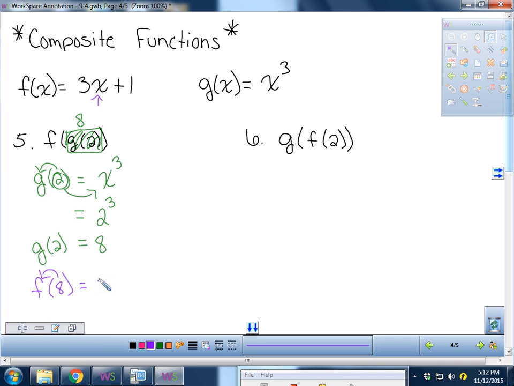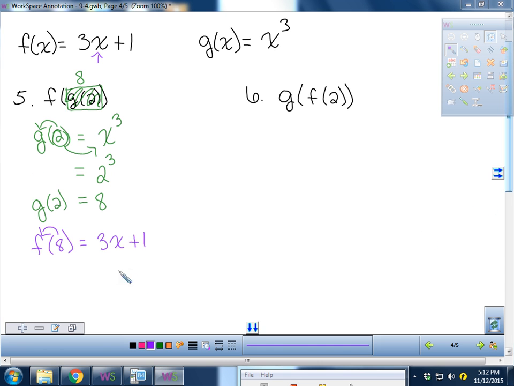That gives me 3x plus 1. I'm going to plug in 8 for this x. So I have 3 times 8 plus 1. If I work that out, that gives me 25. So the answer is 25.